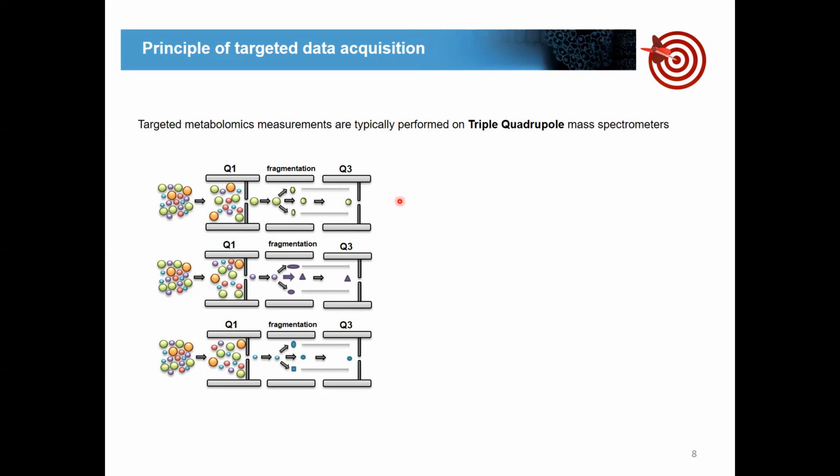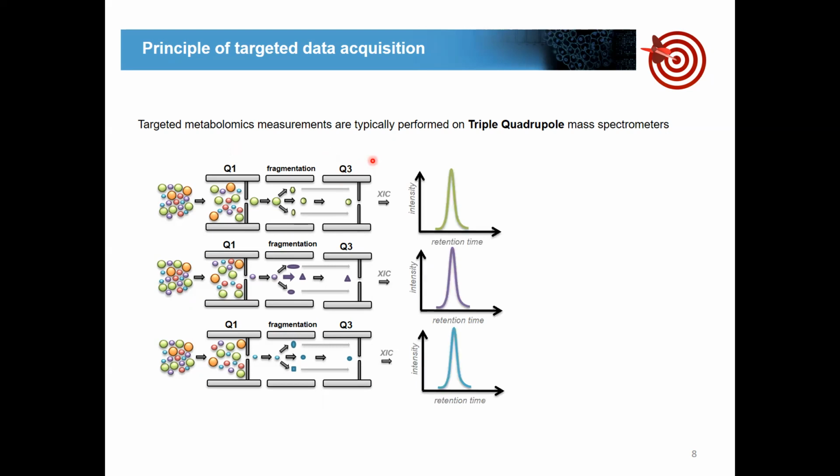So what we are analyzing here in the targeted approach is always a pair of Q1 and Q3 masses. This is also commonly referred to as a mass transition. And in the end, we get our peak. So in order to add a certain level of robustness or to make the method more specific, we not only use one of these mass transitions, but commonly we use at least two.